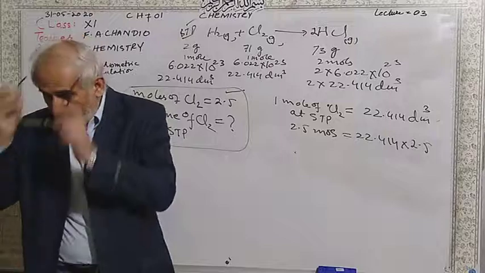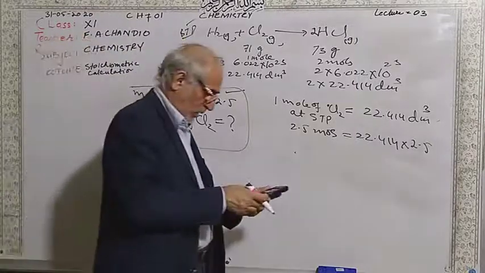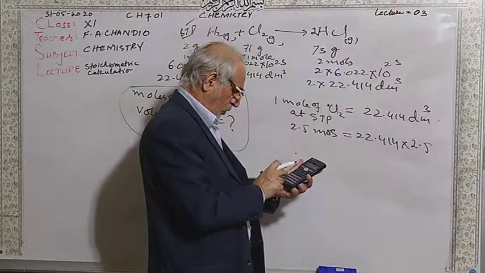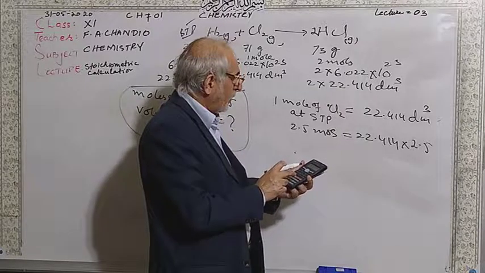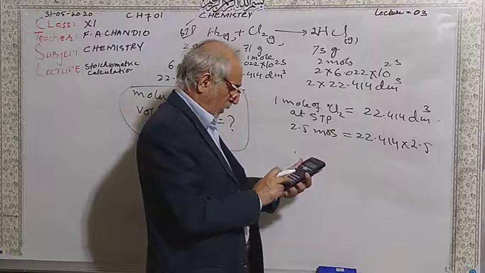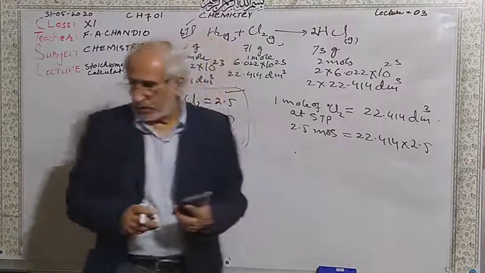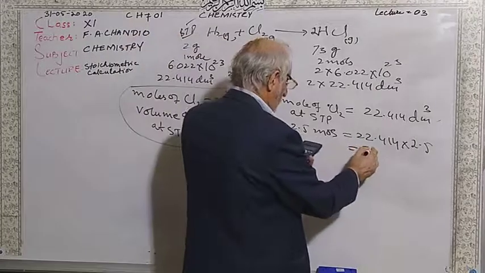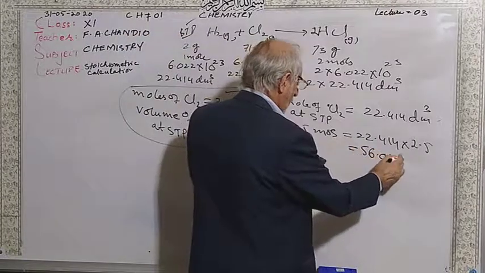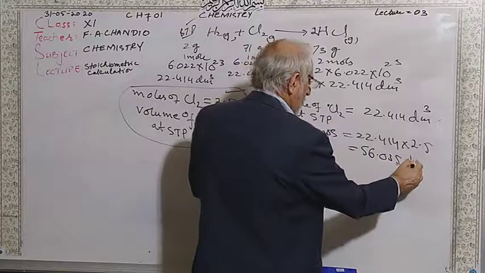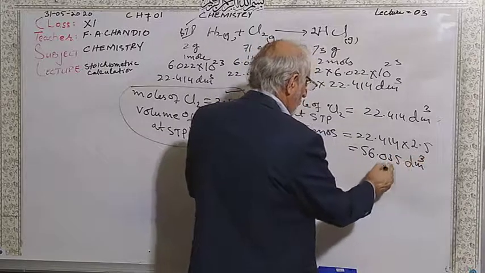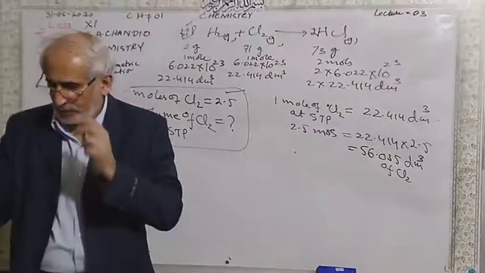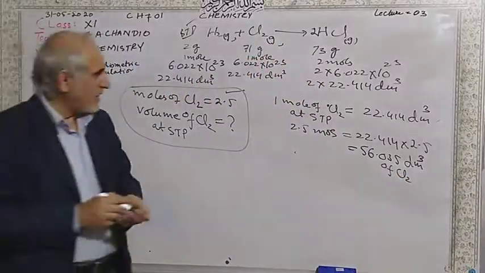Just multiply it. 22.414 multiplied by 2.5, you will get 56.035 decimeter cube of chlorine at STP. So this is the answer.